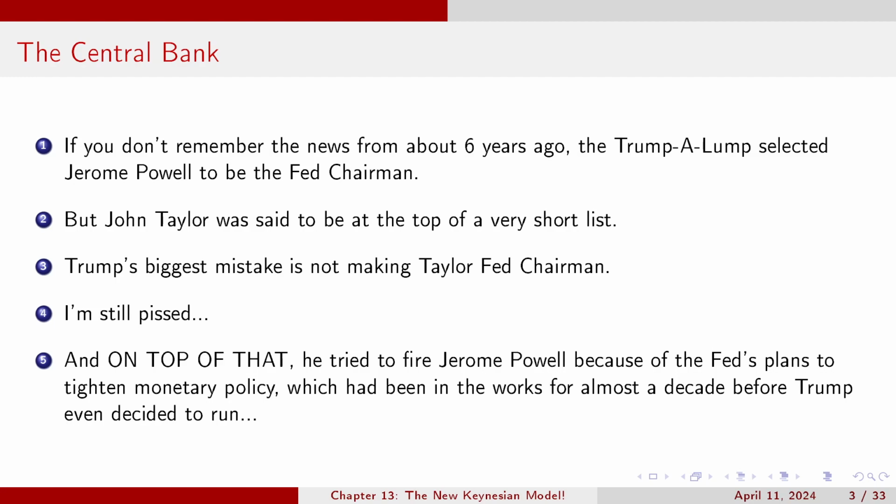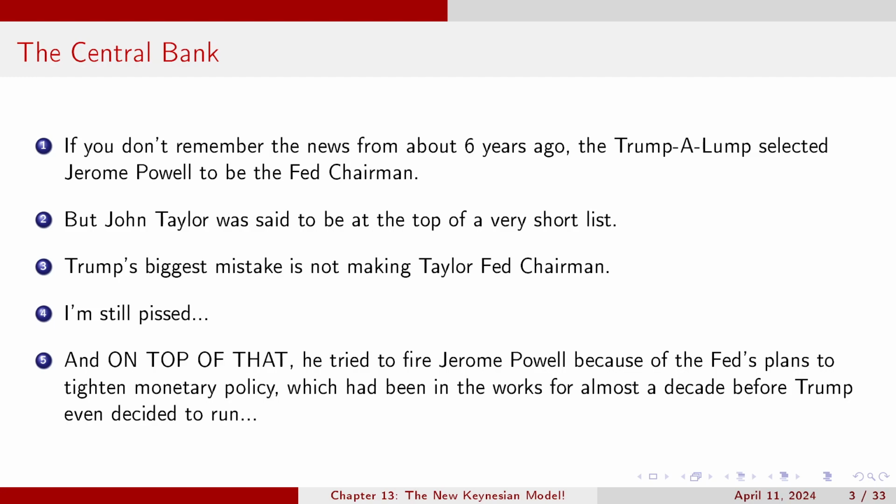It's kind of been the status quo for a while up until either 2017 or 2018. I don't remember exactly when. Donald Trump was supposed to renominate Janet Yellen, and he let her go and then selected Jerome Powell instead. Not really sure if that was that great of an idea, but such is life. So he decided not to renominate Janet Yellen, who was a fine chairperson of the Fed.